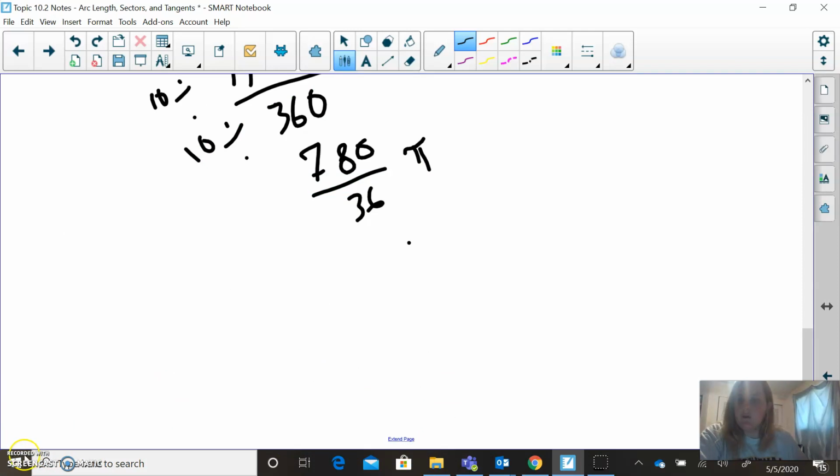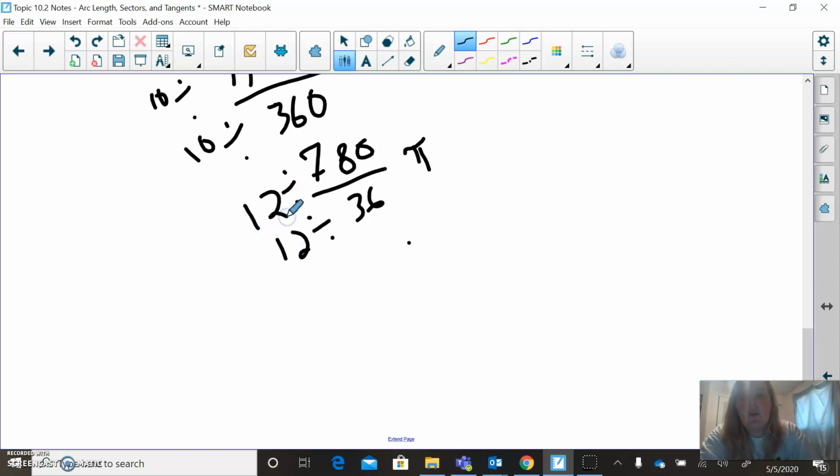Now let's keep going. We're going to simplify it just a little bit further. 36 is divisible by 12, and so is 780. So 36 divided by 12 will give you 3, and 780 divided by 12 gives you 65 pi.